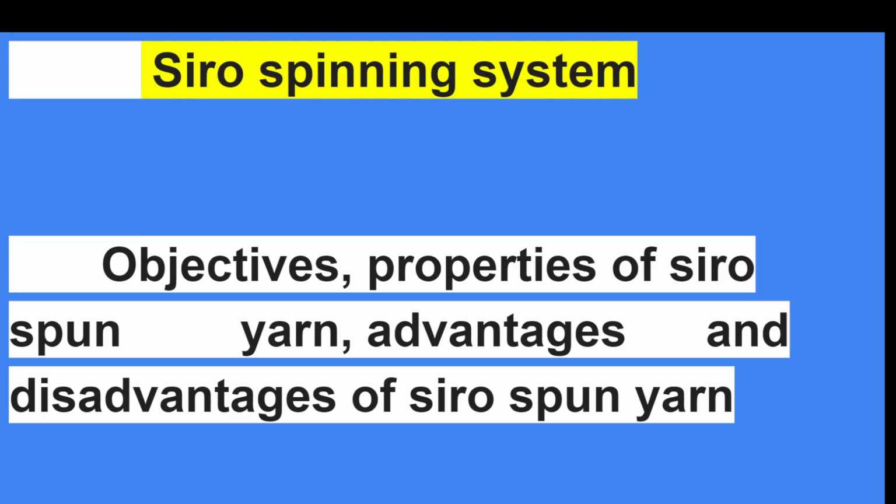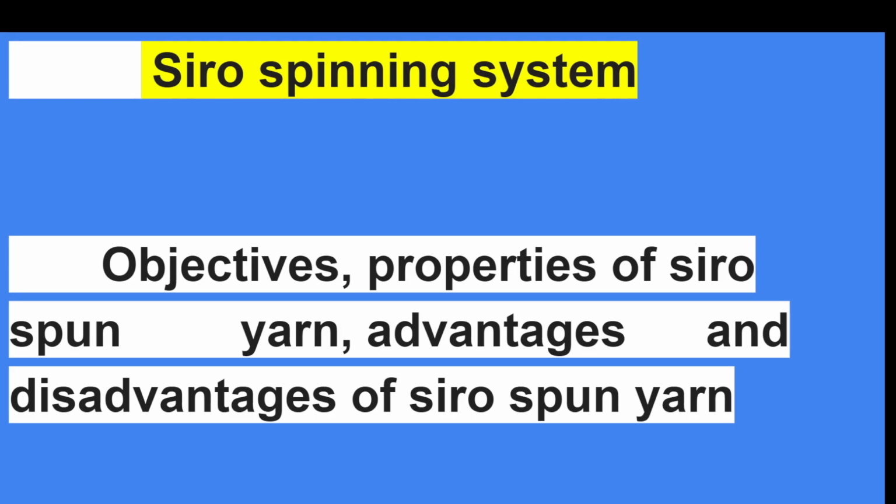When those rovings are drafted and come out at the front roller, both yarns are twisted when the yarn comes out of the front roller, and a double ply or double folded twisted yarn is produced on the Siro spinning system.